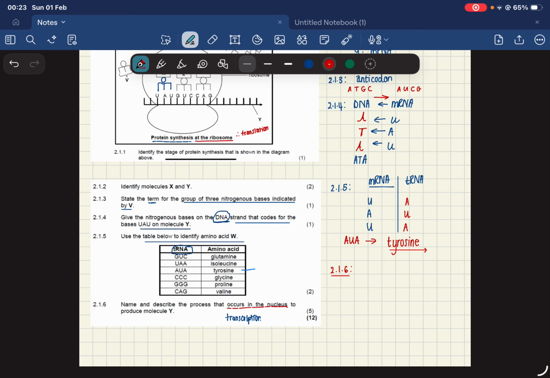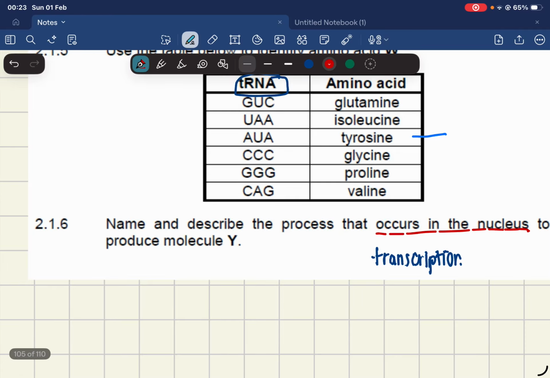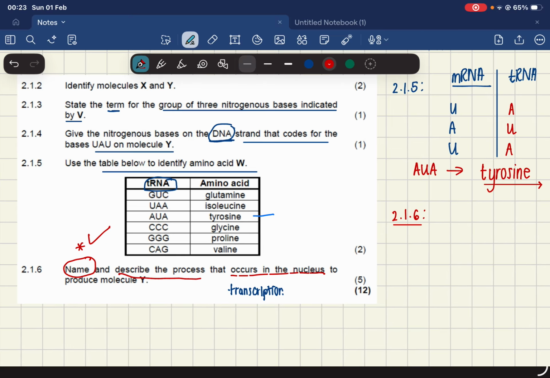Now, question 2.1.6 says name and describe the process that occurs in the nucleus to produce molecule Y. When it says name, circle it, because that's a mark for naming. What occurs in the nucleus? We said that transcription occurs in the nucleus and translation at the ribosome.